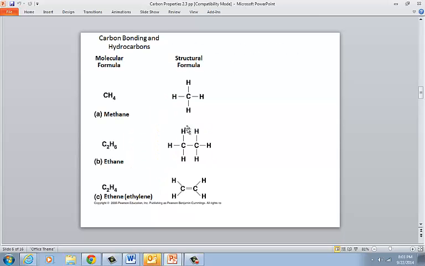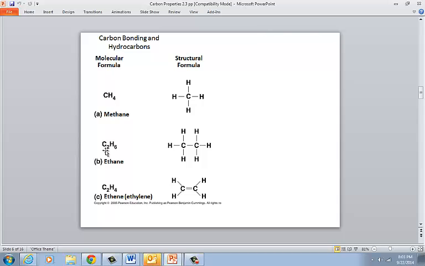All right, moving on. Let's look at some different things that can happen with the hydrocarbons. Because we have hydrogens and carbons, thus the name hydrocarbon. Structurally, here is methane. Here's the molecular formula, but here's the structural formula.